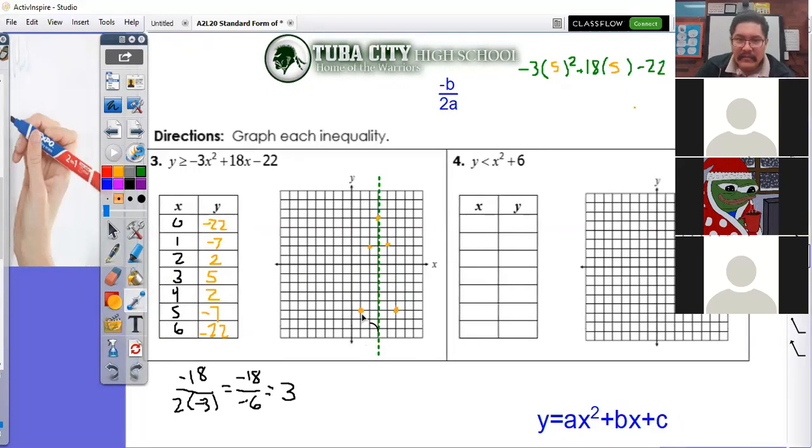And again, this is going to be a weird graph, so I'm going to try my best to connect all these spots. And it's going to be a very narrow graph as well. And it would look something like that. That way it goes through all the points.